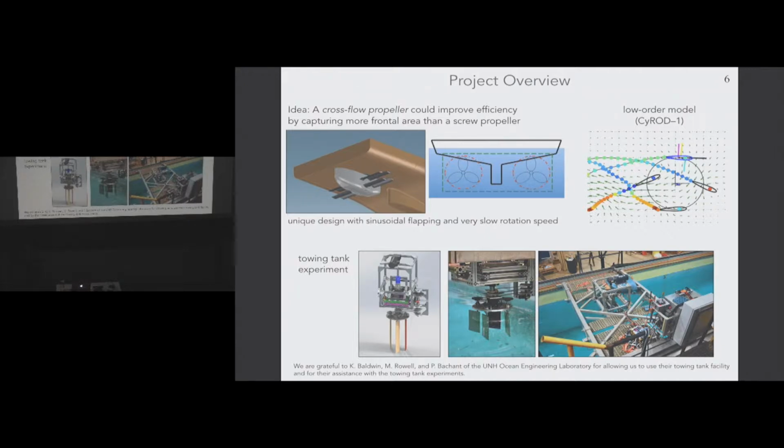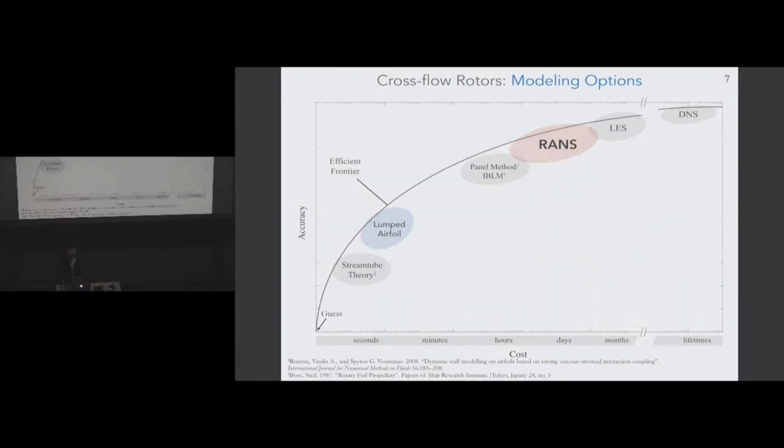So we're going to focus on this low-order model we made for this system. If you do any low-order modeling work, you should always think about this kind of space. You always have a trade-off between accuracy and computational cost. The most efficient thing you can do is guess, and it takes no time at all, but you're probably not going to be very accurate. On the other extreme, you could do what's called direct numerical simulation.